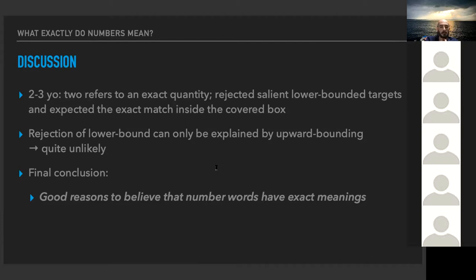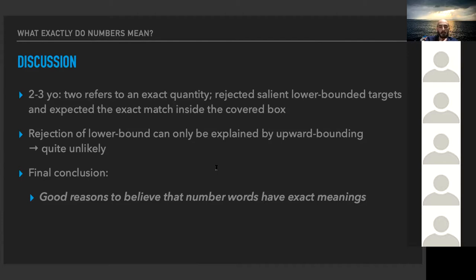First, scalar implicatures are motivated by the knowledge of the terms on the scale. So now we got those 2 knowers. Our children preferred the exact interpretation of 2 without even knowing the meaning of 3.